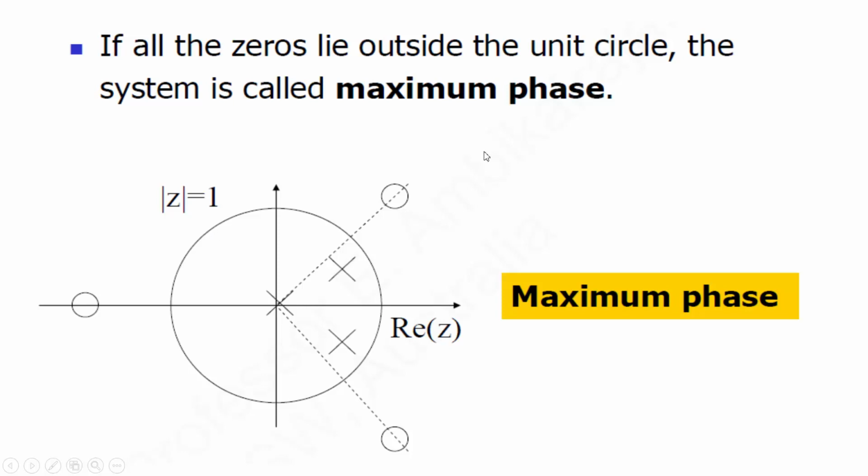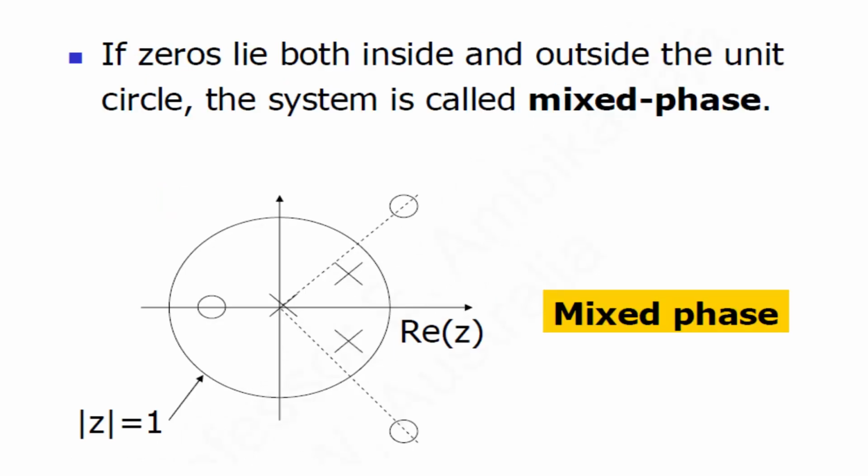If the zeros lie outside the unit circle, all poles lie inside the unit circle, that will be a maximum phase system. We looked at this thing in the FIR filter case also. And if some zeros are outside the unit circle and some zeros are inside the unit circle, that will be a mixed phase kind of system.